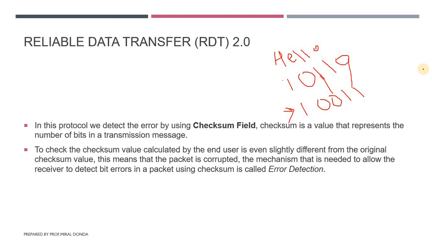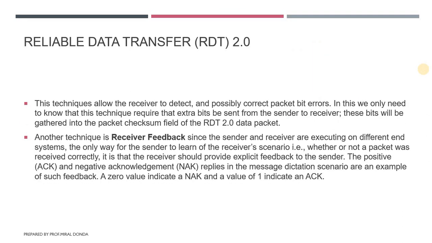At the receiver side the checksum is calculated, and if it is slightly different from the original, then we can definitely say that it is a corrupted packet. So we acknowledge the sender about this, and the sender sends the original packet again. This is how it works. This technique allows the receiver to detect and possibly correct packet bit errors. It requires that extra bits be sent from sender to receiver.